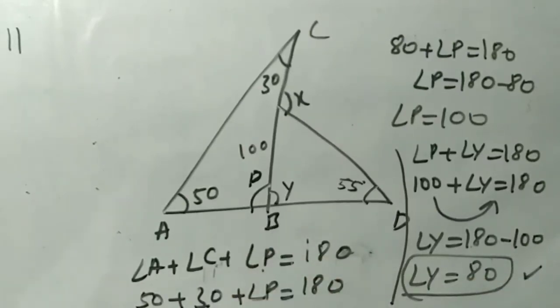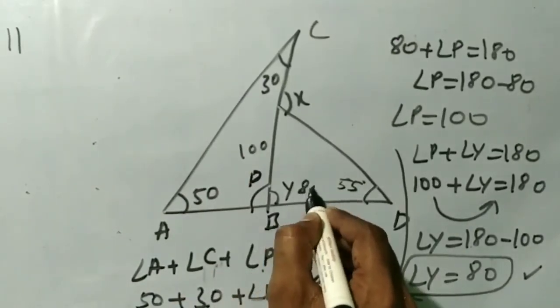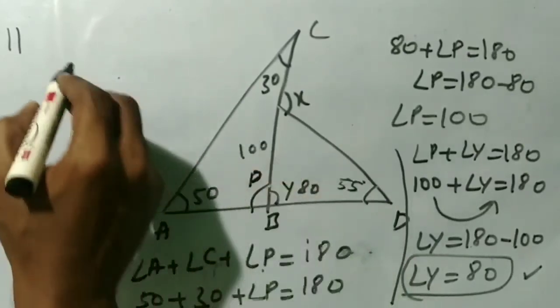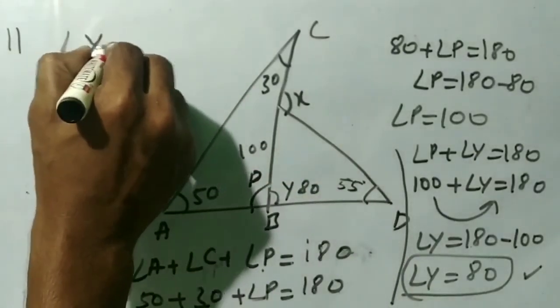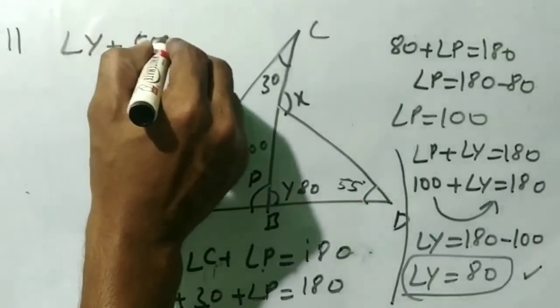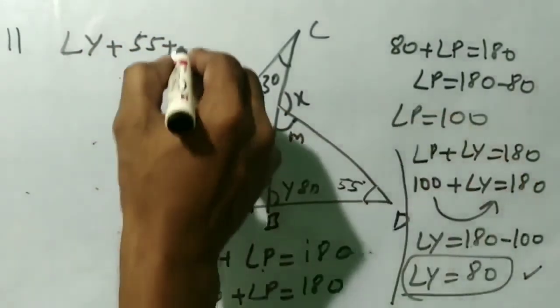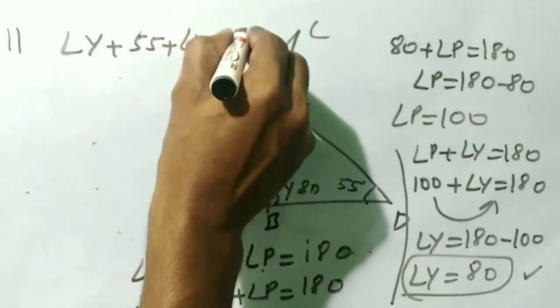We have to find x. So here we got 80. We can find this one easily because the summation of interior angles is equal to 180. Again, angle Y plus 55 plus, let us consider this one, M, is equal to 180.